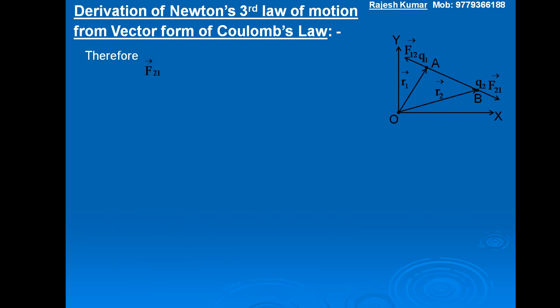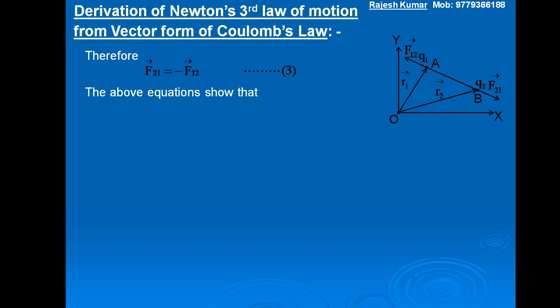Therefore F21 vector is, see in the diagram, directed from point A to B, is equal to minus F12 vector. Let it be equation number 3.